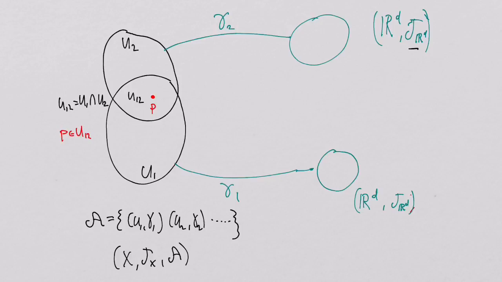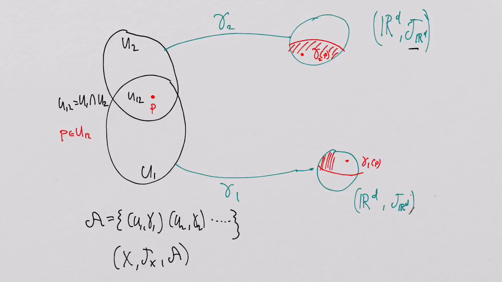And the nice thing for P is that it can be mapped into these regions. It can be mapped to gamma 2 P, which might be here, and it can be mapped to gamma 1 P, which might be there. And what's important about that is that every point inside U12 can be so mapped, and ultimately every point inside U12 will map to some subregion of the overall image of U2.